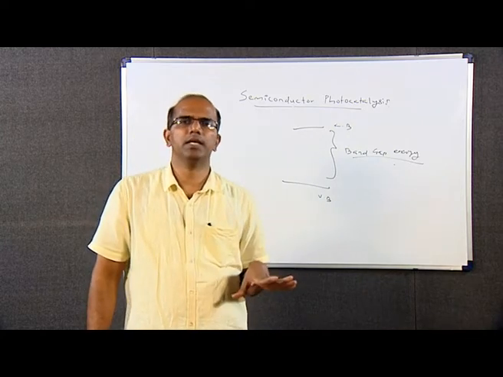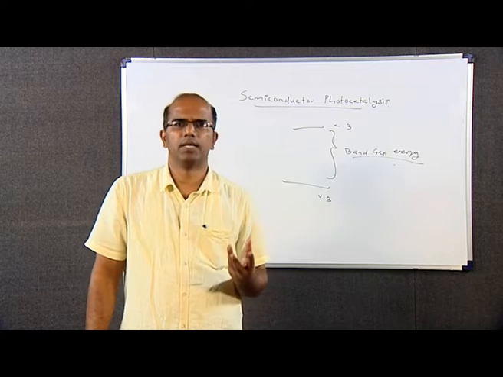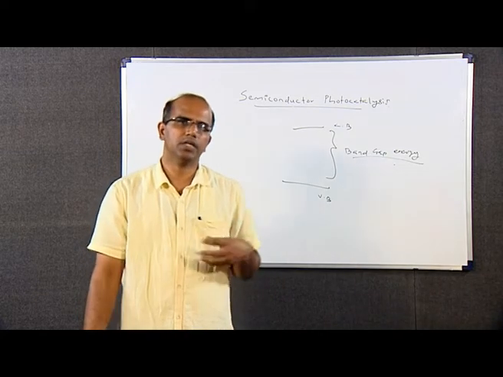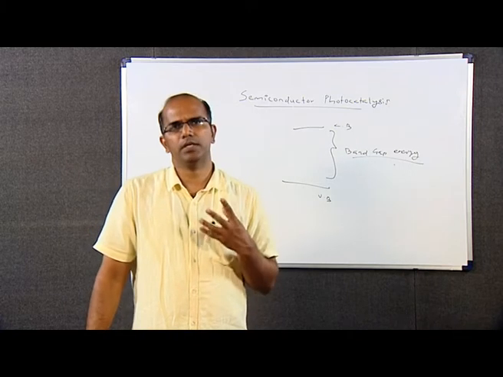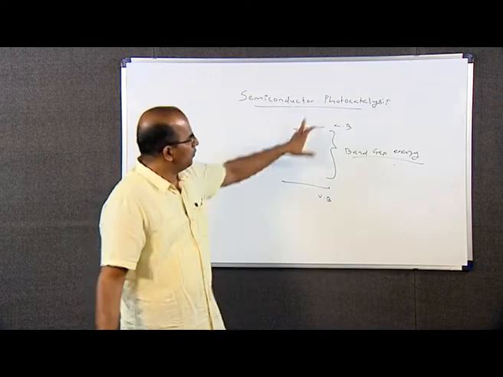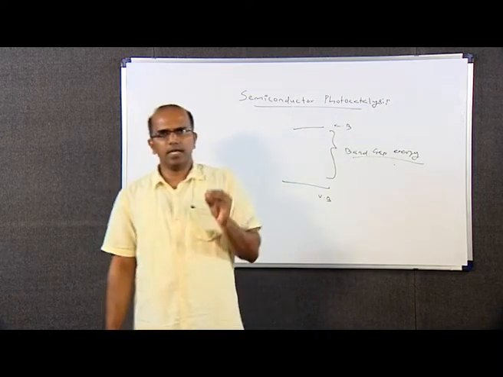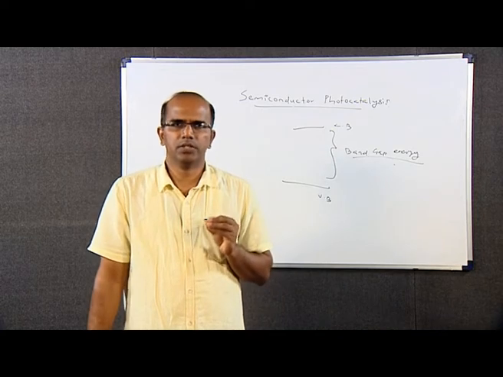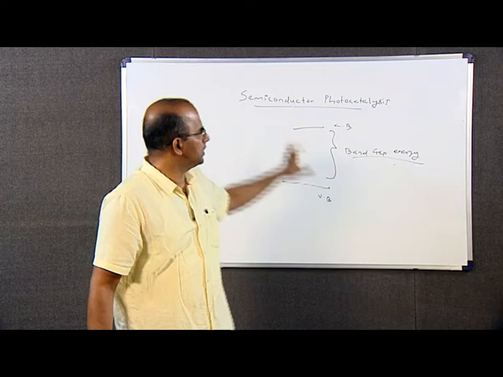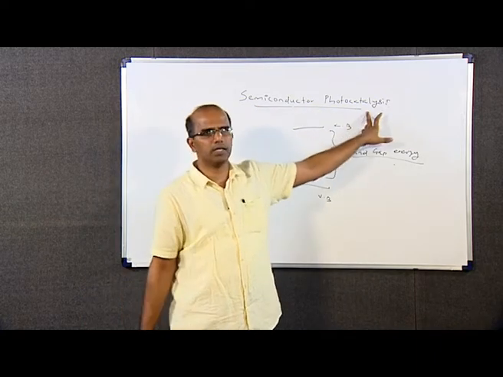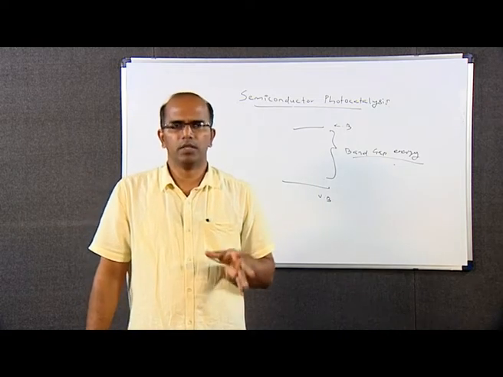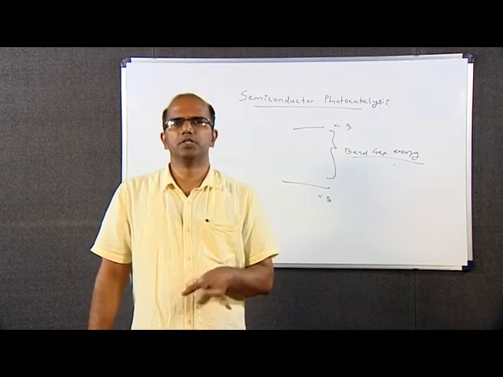There will not be any chemical reaction happening to the catalyst, but the speed of the chemical reaction is increased with the help of the catalyst. So, photocatalysis means the catalysis reaction taking place in the presence of a photon, in the presence of light.